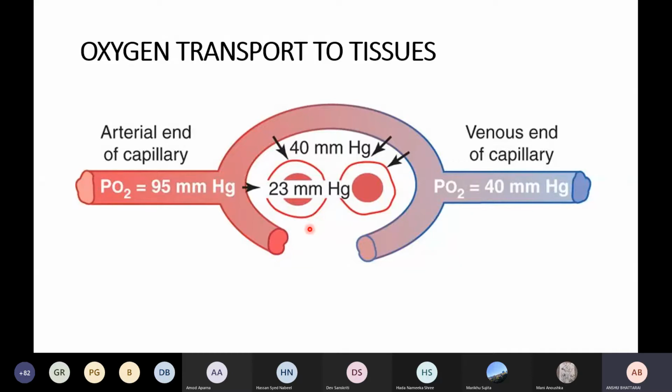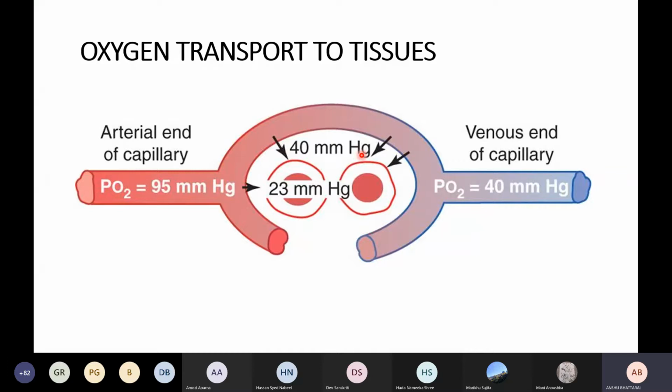Okay, so when arterial blood reaches the peripheral tissues, its partial pressure in capillaries is still 95 millimeter of mercury. So the partial pressure of oxygen in the arterial end of the capillary is about 95 millimeter of mercury. Now in the interstitial fluid, I hope you know what interstitial fluid is, it is the fluid that is present between the cells.